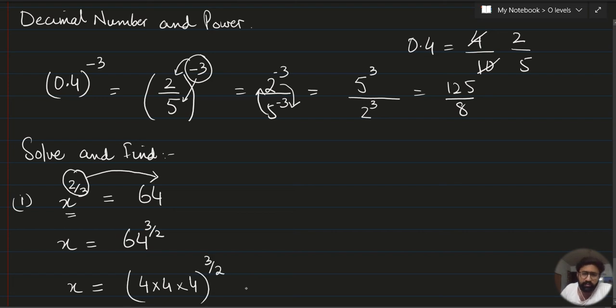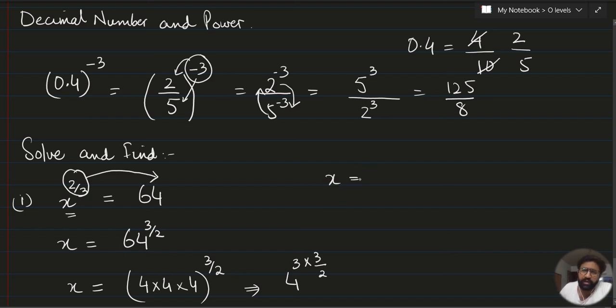Okay, now this is going to become a little trickier question. Let's move on to a different number, and what is the reason? Because their powers are not going to simplify. 4 power 3 multiply by 3/2, these powers are not going to simplify over here, so we are not going to write it like this. Let's find another number.